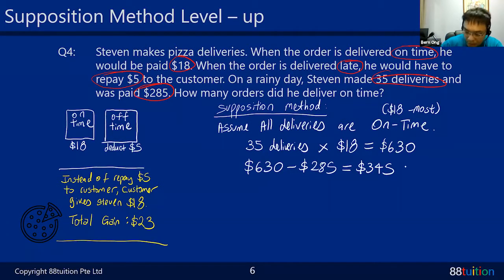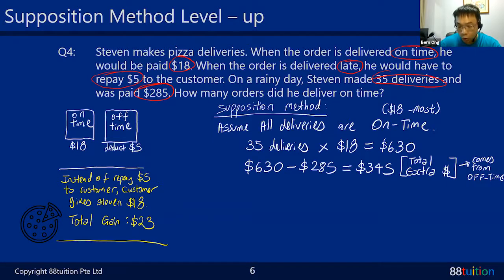This one is actually the extra. The total extra money that is given to you for the off-time deliveries. Off-time means you're late. So I call it off-time and on-time, easier.